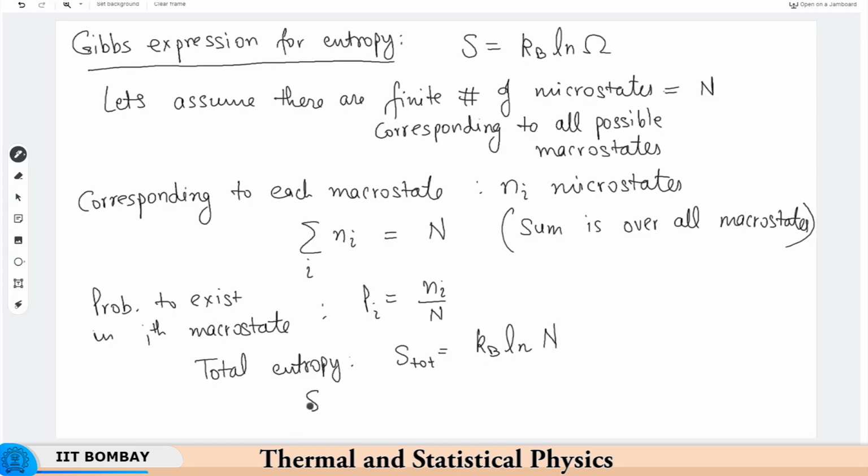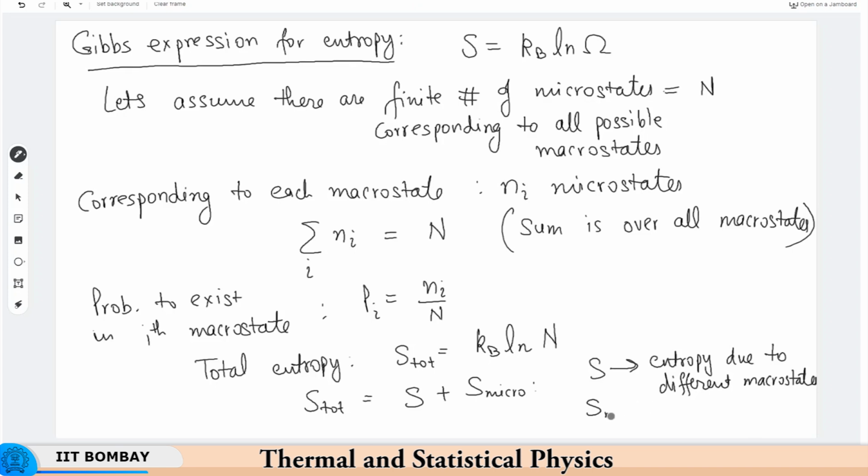This S total is equal to S plus S micro, where S is the entropy due to different macrostates, and S micro is the entropy due to those microstates in a particular macrostate.